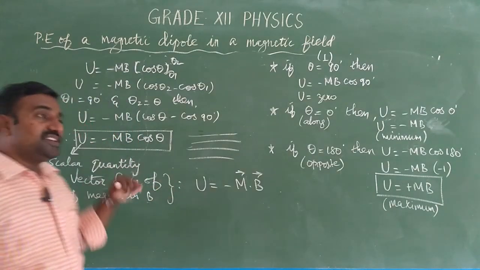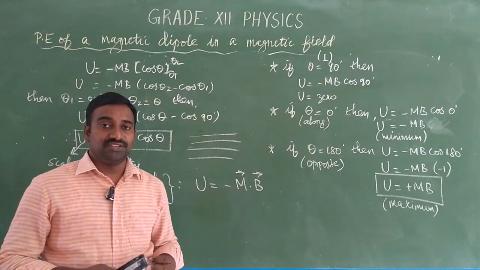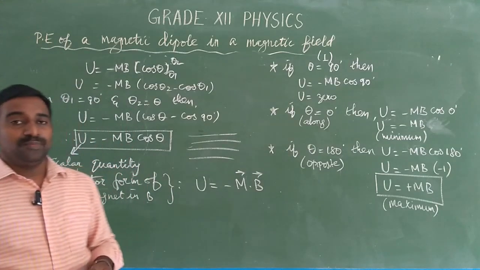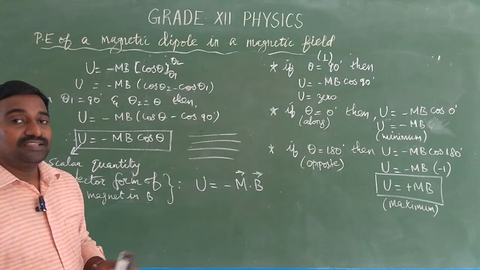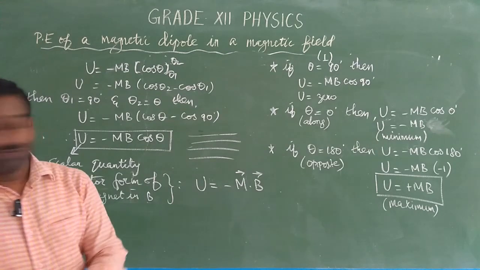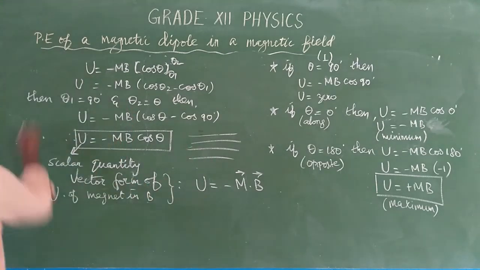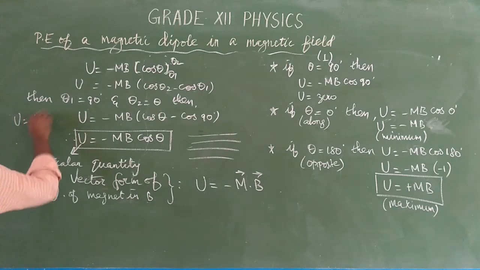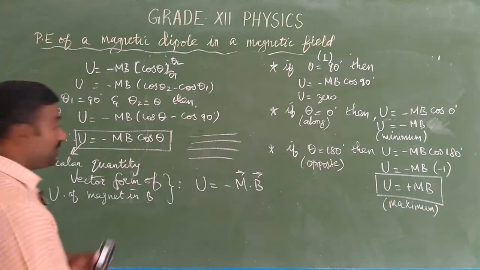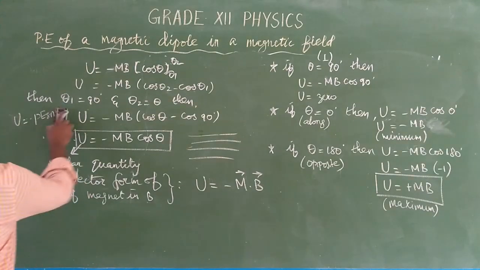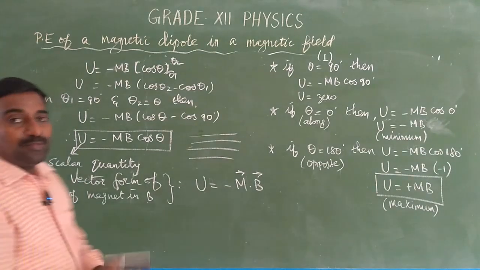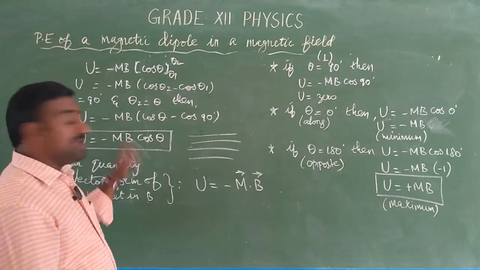Same as in the electrostatic concept, we have discussed the potential energy. Can you remember? In electrostatic lessons, the potential energy is minus PE cos theta. There P is the electric dipole moment. Instead of P, here we used the magnetic dipole moment M, so it is mB.